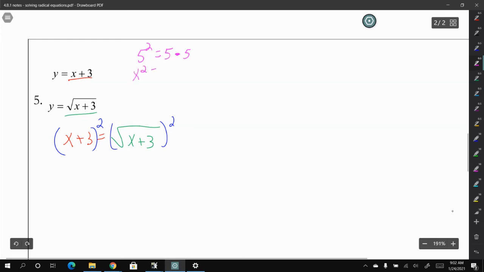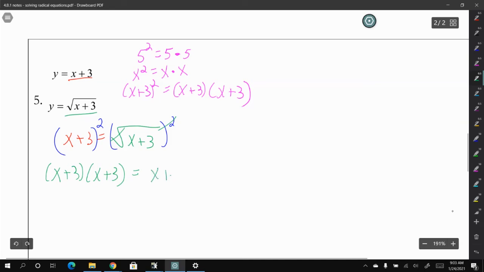If you have x squared, that is x times x. If you have x plus 3 squared, that is x plus 3 times x plus 3. So we need to multiply that out. So this is really x plus 3 times x plus 3. And that will equal just x plus 3.